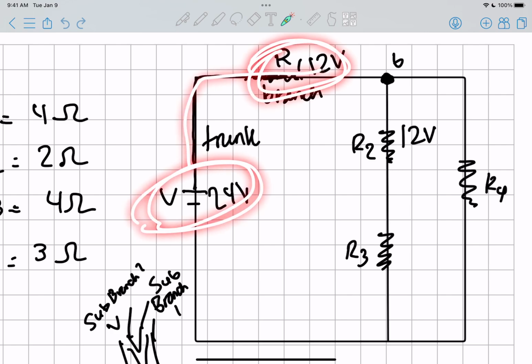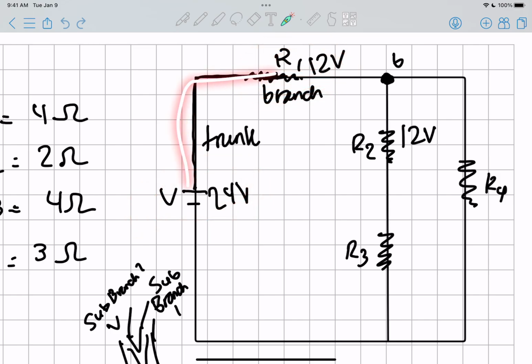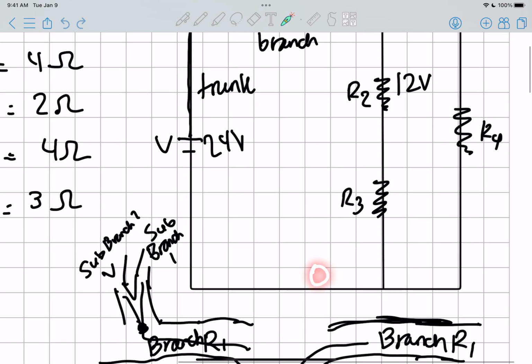R1 is in series with the battery because it's continuous. The current isn't splitting off between them. So now I'm like, okay, 12 volts just dropped off at this resistor, so I have 12 volts left. Oh, I have a branching point? Okay, cool. Well then, through these branches, I must have that extra 12 volts, to where after coming out of those branches, I have 0 volts.